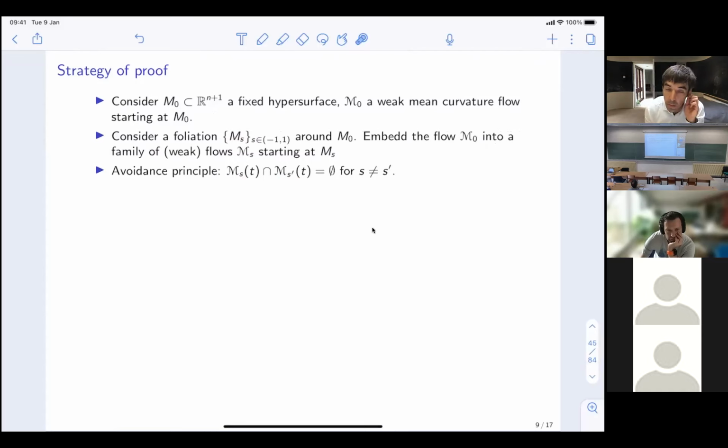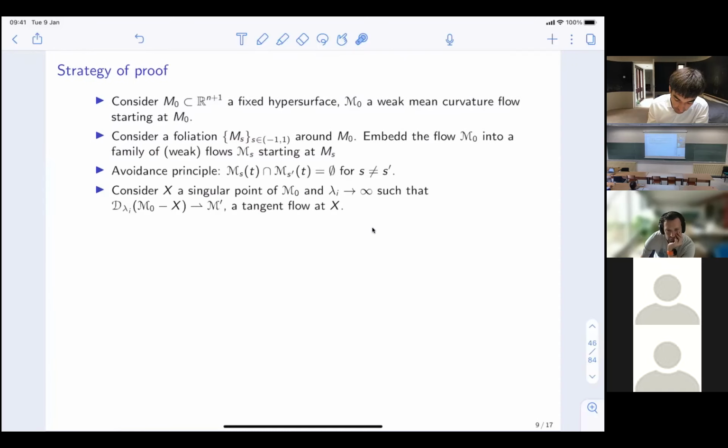Now, the best thing is to think about space-time, about this picture from before. There is a whole foliation of flows which foliates a neighborhood in this space-time picture, and that uses the avoidance principle. Now assume we have a singular point of our initial flow, the singular point X. We shift it to the origin, shifting the whole space-time picture so that the singularity is there, and we want to analyze the singularity.